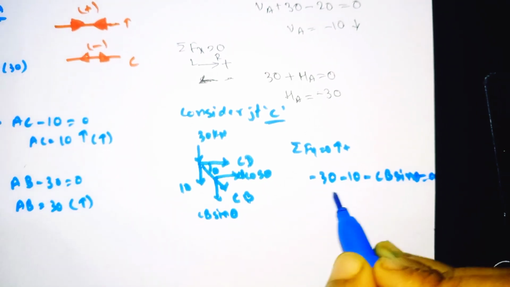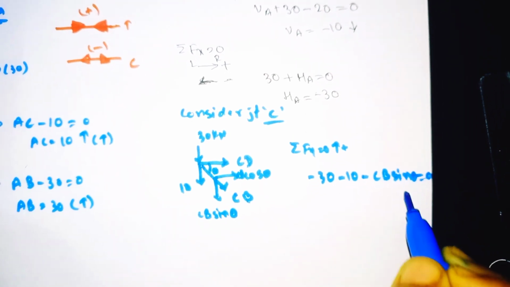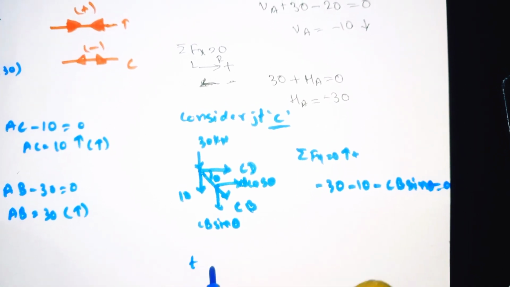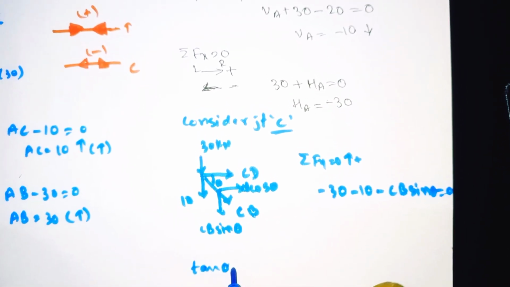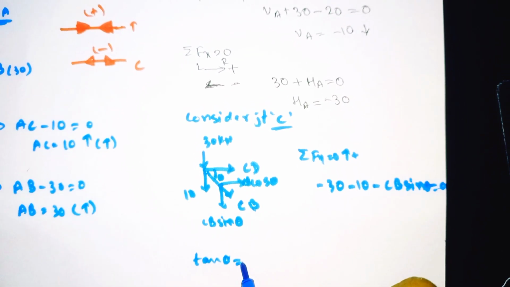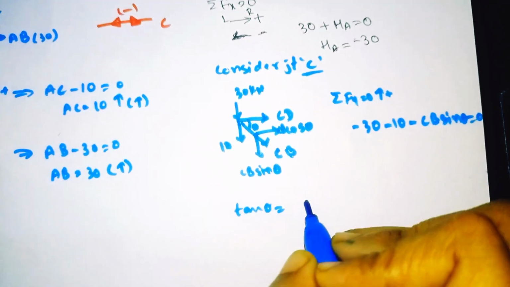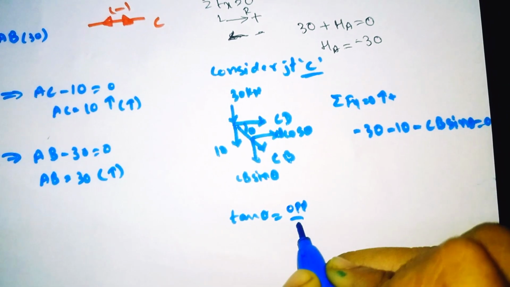Now we need to find theta. For that we have the trigonometric formula: tan theta is equal to opposite by adjacent.